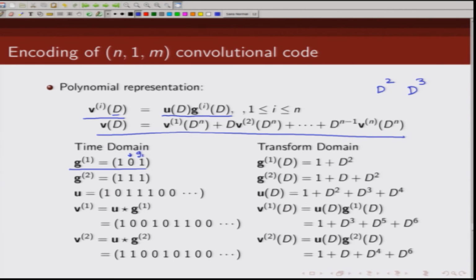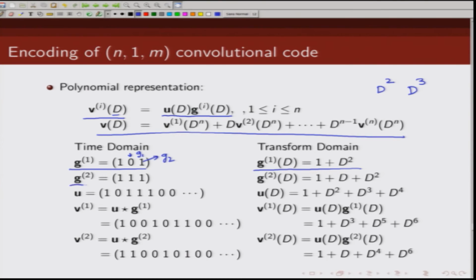So, this will be represented using D. So, D times 0 will be 0, and this will correspond to G2 basically, and this is delay of 2. So, this will be represented using D square. So, this G1 in this transform domain using this delay operator can be written as 1 plus D square.